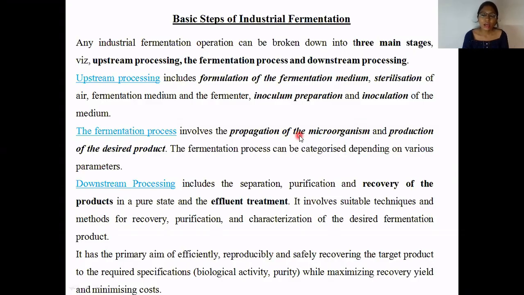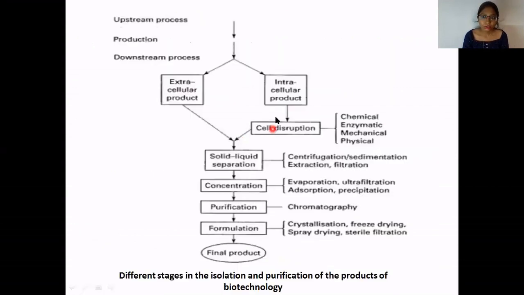Now let's discuss what the main basic steps involved in the downstream processing are. As you can see here, I have mentioned the different stages involved in the isolation and purification of our biological product. First, as we studied, there is an upstream process, then fermentation, meaning the microorganisms have made the product.